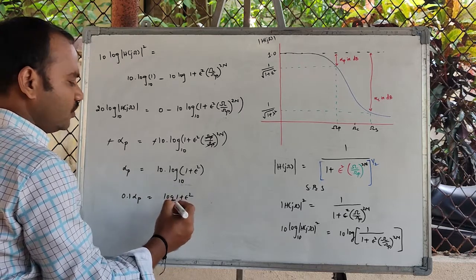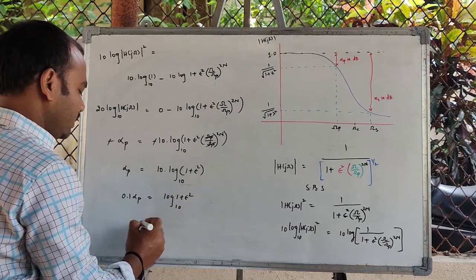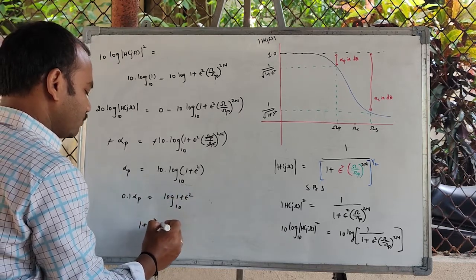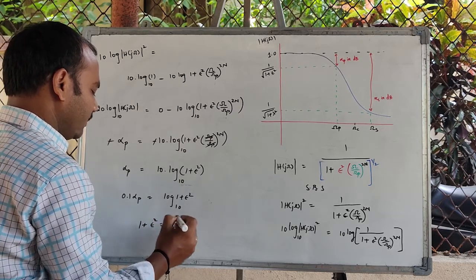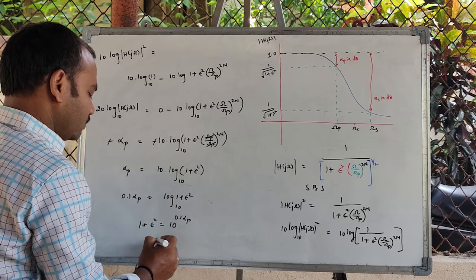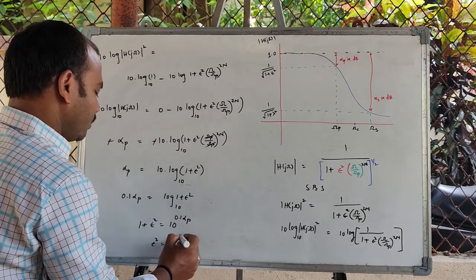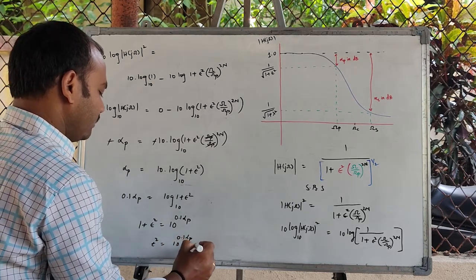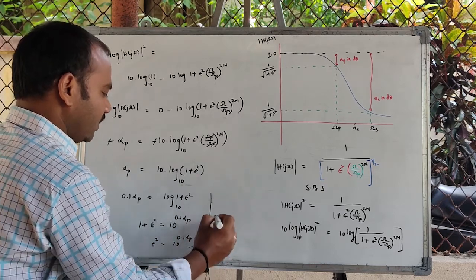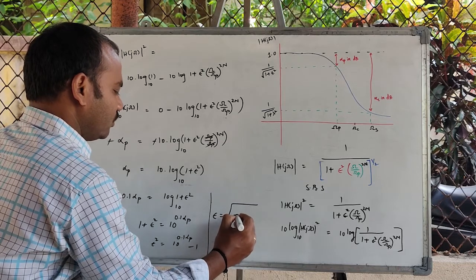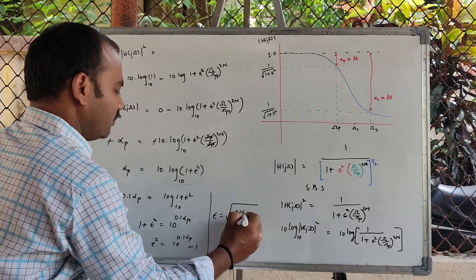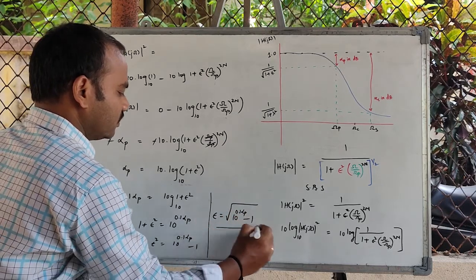From this, if you take the anti-logarithm, then 1 plus epsilon square is equal to 10 to the power of 0.1 alpha p, whereby epsilon square is equal to 10 to the power of 0.1 alpha p minus 1, and epsilon is equal to under root of 10 to the power of 0.1 alpha p minus 1.